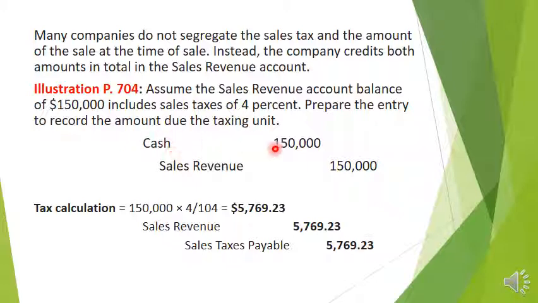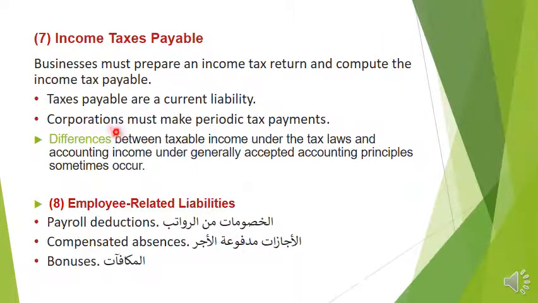Debit cash 150,000, credit sales revenue 150,000. هنا ال 150,000 included the sales tax 4%. Tax calculation: 150,000 times 4 divided by 104 equals 5,769. Sales revenue هنقصهم من sales revenue credit sales tax payable.